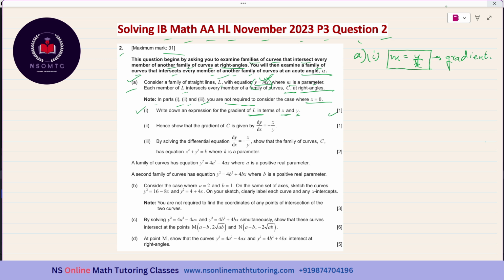Coming to subpart ii. Hence, show that the gradient of C is given by dy by dx equal to negative x over y. This is also containing a single mark.